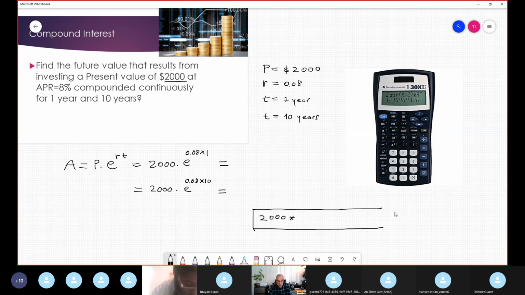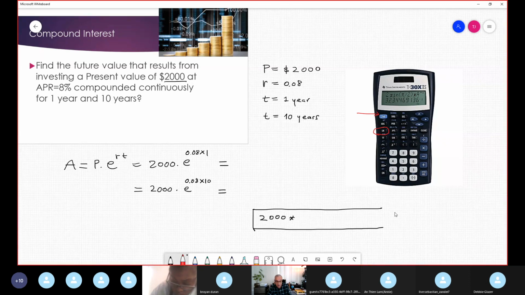What key do I use? I use the same key as the natural logarithm. This one. Look. But you press second first, because I need to use not the white function. I need to use the blue or the yellow, depending on the calculator. So I press second first, the same key.